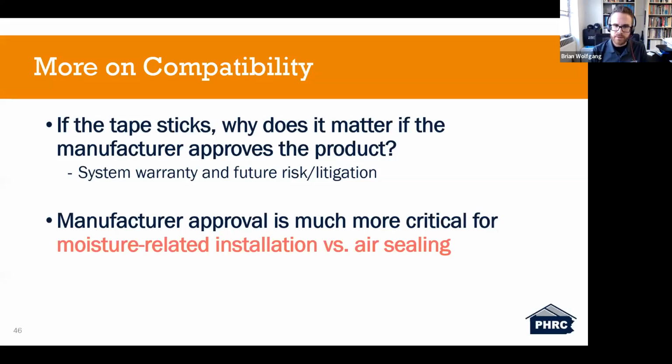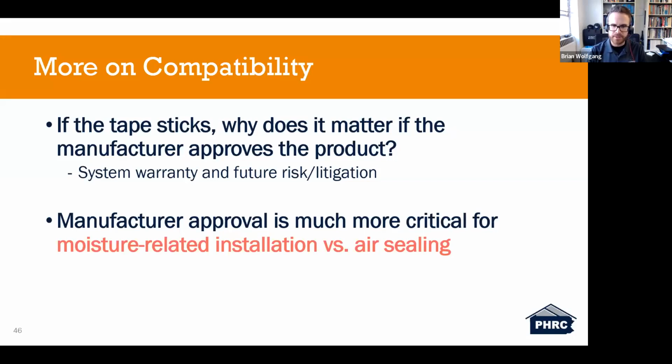Voiding a warranty that's part of a control layer in your home is inherently going to increase and expose you to risk. So, you shouldn't plan for your water-resistant barrier to break down, but you should also plan to take advantage of those warranties that you have available for proper installation. But I do want to say that this is much more critical for moisture-related installation of tapes than air sealing.